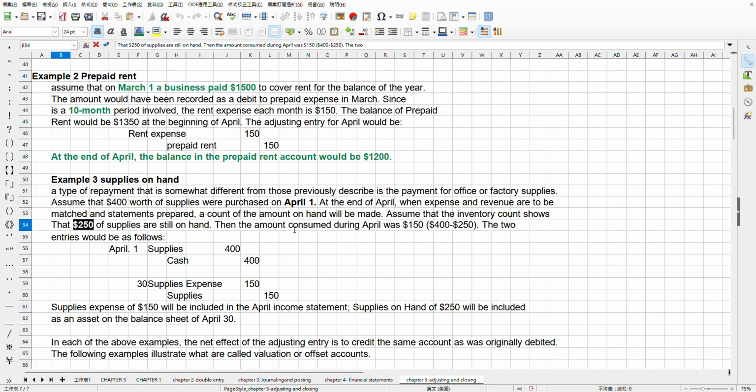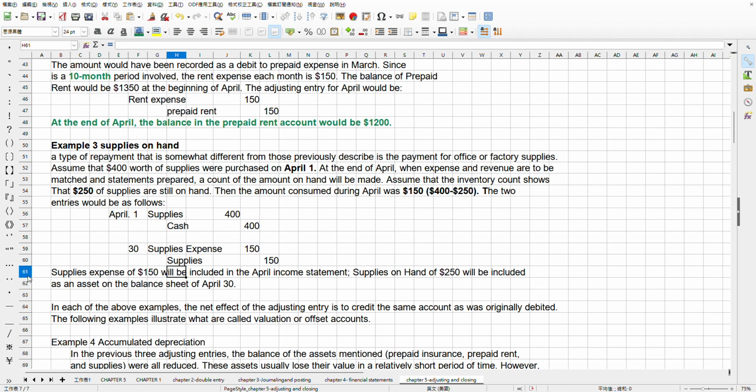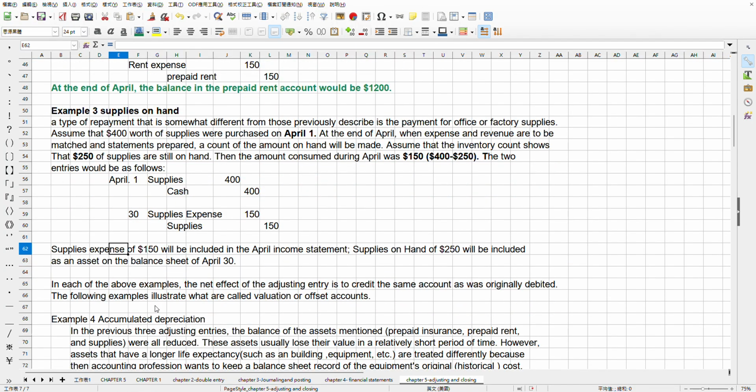Therefore, the amount consumed during April was 150. So the two entries are made. Supplies expense of 150 will be included in the April income statement. Supplies on hand of 250 will be included as an asset on the balance sheet of April 30th.